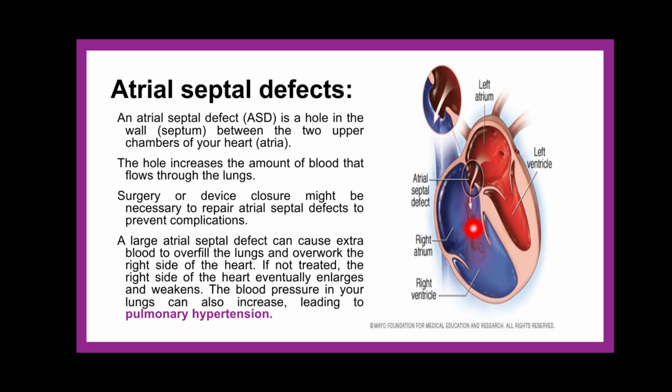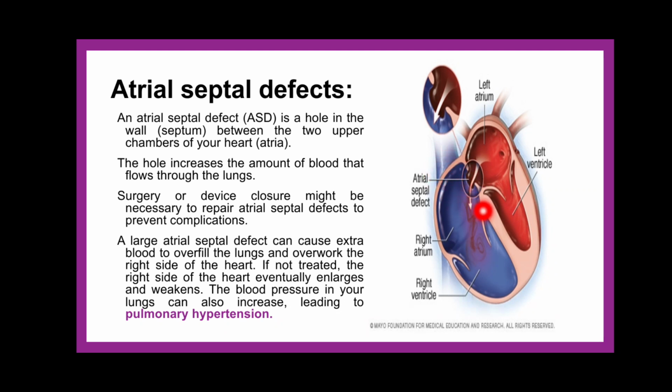The increased amount of blood will be given to the lungs through the pulmonary trunk. This can be repaired through surgery, or device closure might be necessary to repair the atrial septal defect.